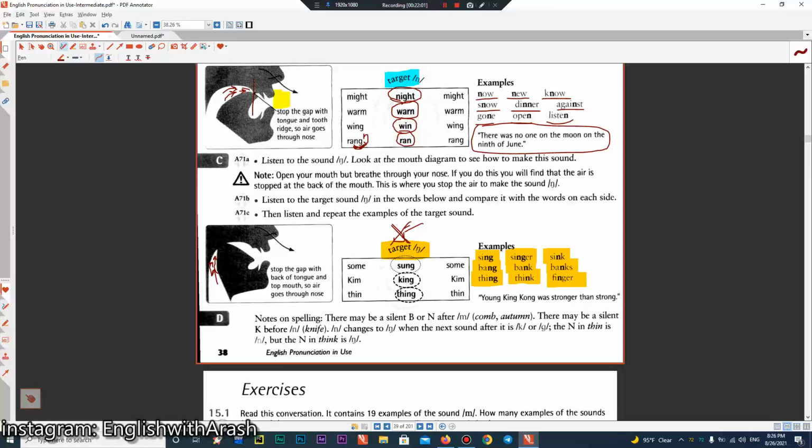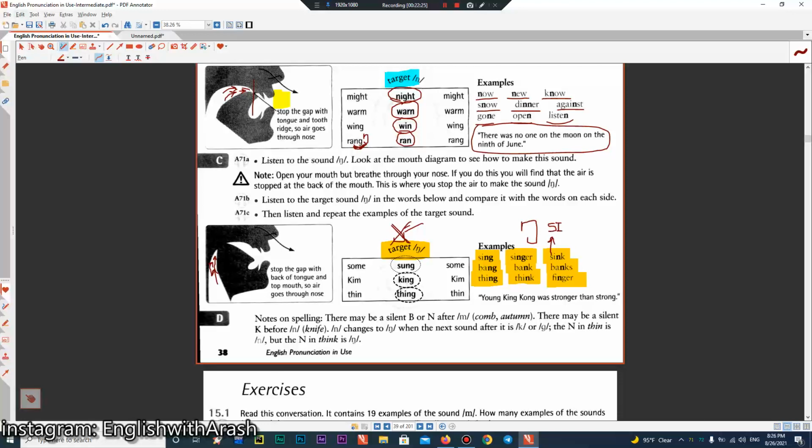So we have a lot of this sound here that you can see. The back. But remember, it's not always NG. I mean, here in sink, look at sink. I think this is like this. Sink.